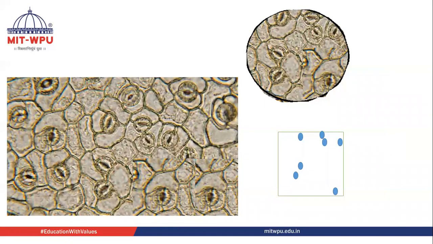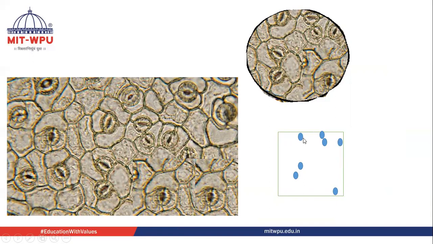So after peeling, under the microscope I can see my stomata like this. This is a stomata, and these are the epidermal cells you can see. Through the eyepiece, I can see this much. And suppose this is the 0.5 I have drawn here. There are 7 stomata: 1, 2, 3, 4, 5, 6, 7.